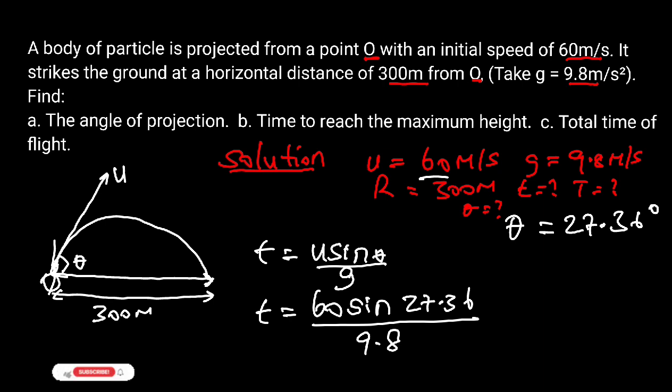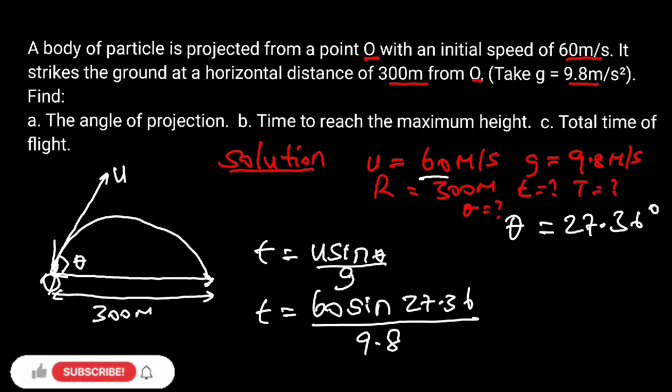Just input this in your calculator the way it is: 60 multiplied by sine 27.36 divided by 9.8. So we have that T equals 2.81 seconds.